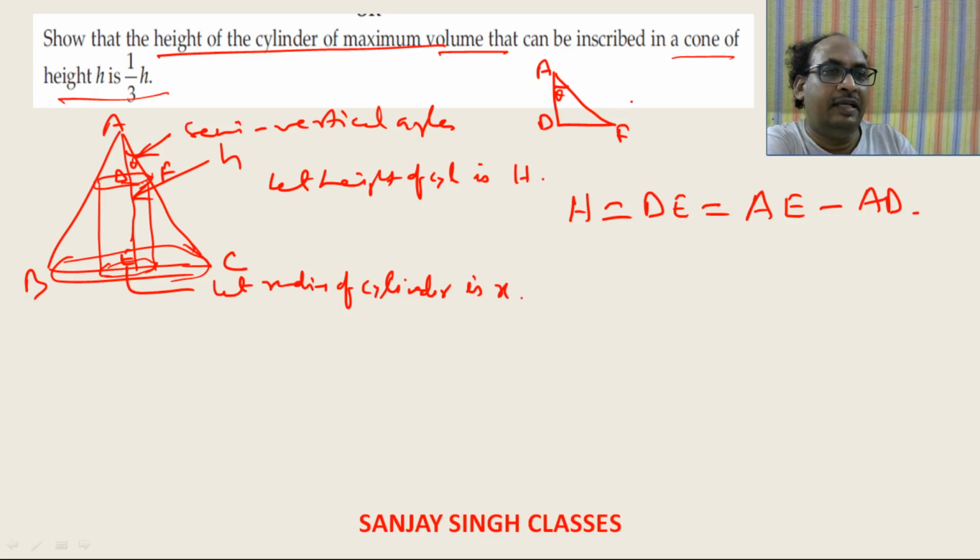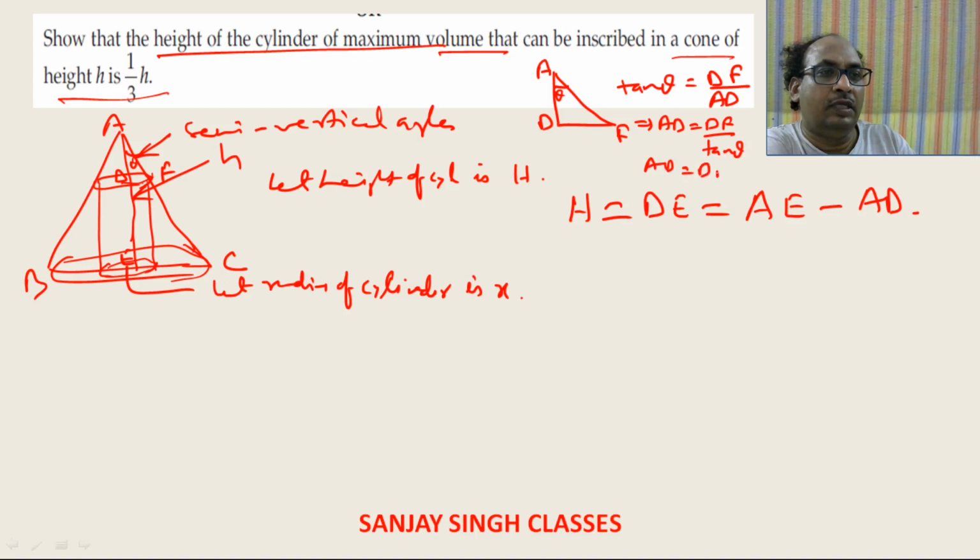Suppose tan theta is equal to DF by AD. So this is giving us AD is equal to DF by tan theta, or we can write AD is equal to DF cot theta.